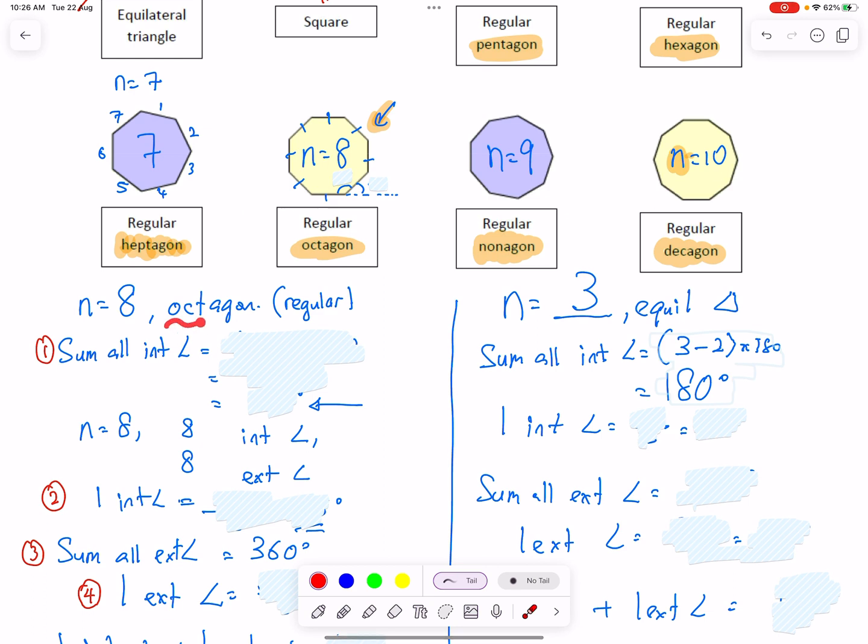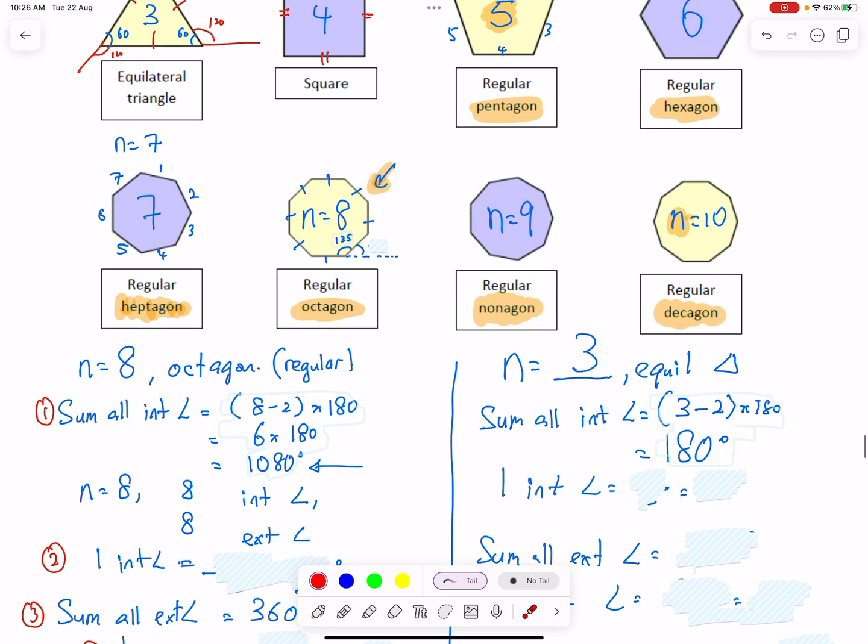N equals 8 is an octagon, and it's a regular octagon. For the sum of all interior angles, I will follow the formula n minus 2 times 180. Can you write that down and then check our answer? Do you get 1080? So 1080 means all the angles inside here added together give 1080. That's what it means.